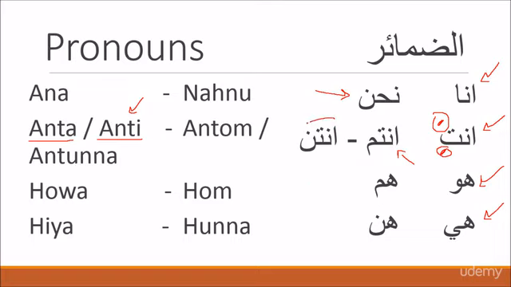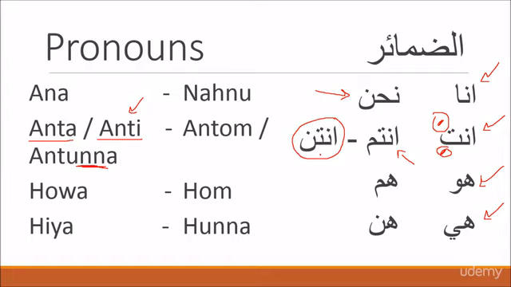But antunna, with a double N here, this is you all but only for females. So this is when you want to respect a group of females and you would like to say you all, so you say antunna.